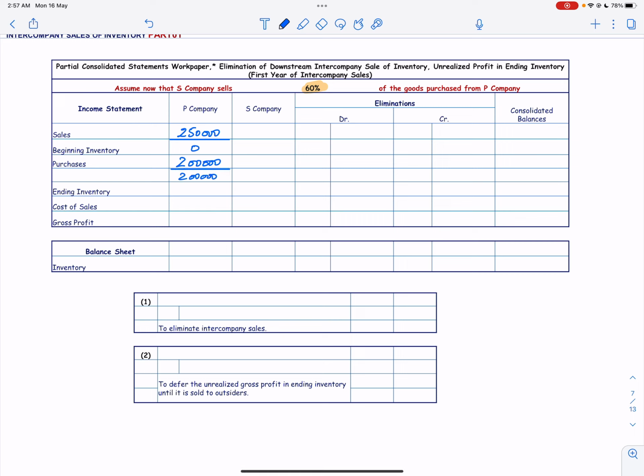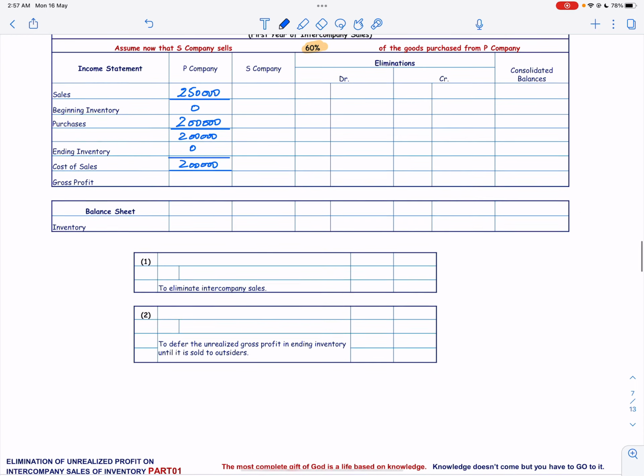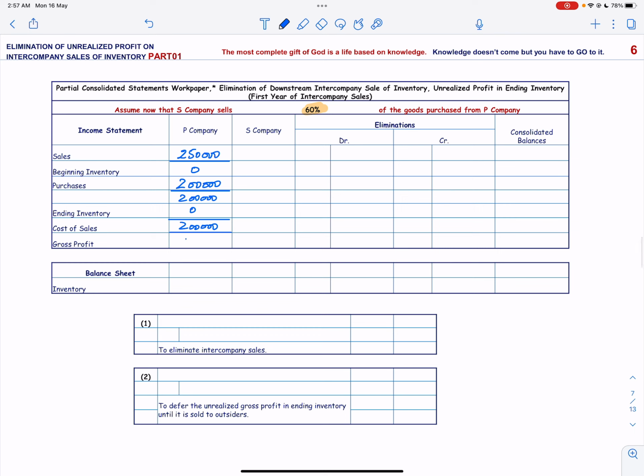Ending inventory is 0, so the cost of sales will be 200,000 and the gross profit will be 50,000. Now, since the parent company has sold 100% of its inventory, the ending inventory in the balance sheet for P company will also be 0.